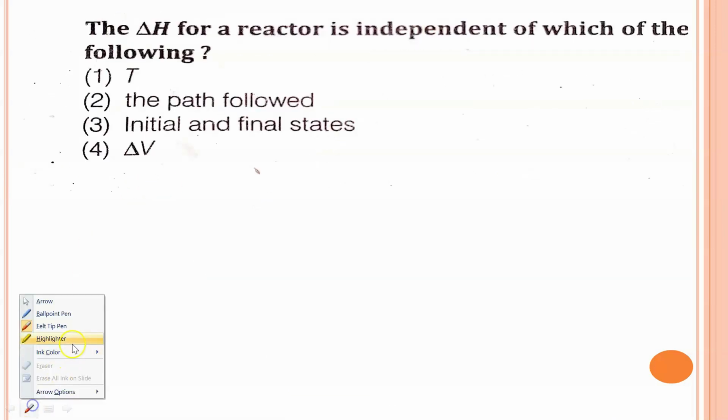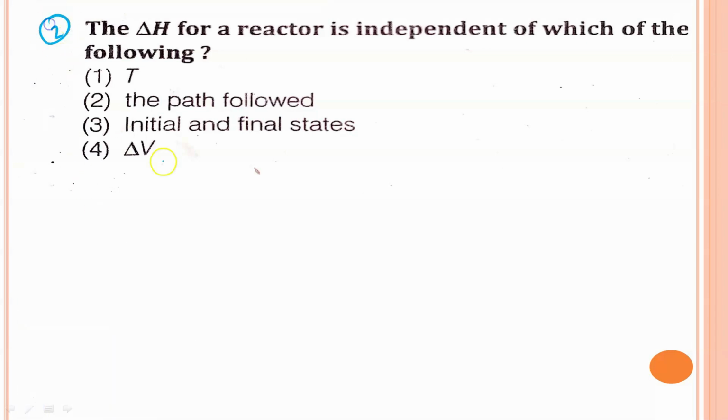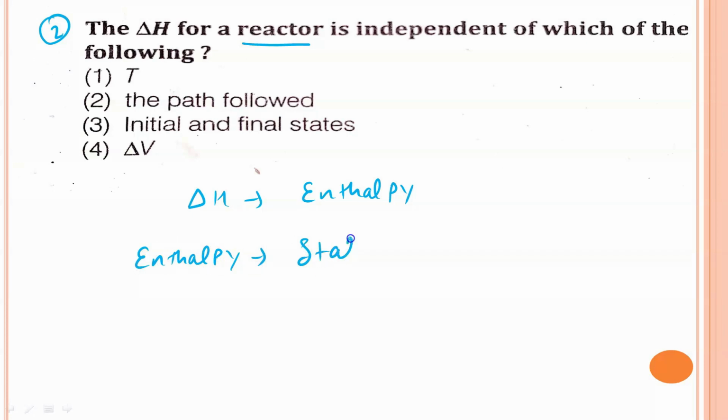Question number 2. Here in this question, it is asking that the del H for a reaction is independent of which of the following. So here del H means change in enthalpy, and we know that enthalpy is a state function, so it will depend only on initial and final states.